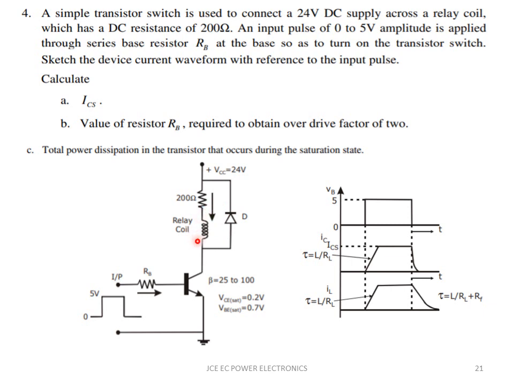So though the collector current wants to respond to IB immediately, the inductor will not allow it, because VL is equal to L into di by dt, and when the voltage is going from 0 to 5, the di by dt is very high. Because of that, a voltage will occur here that will limit the actual current that is supposed to increase through the collector.